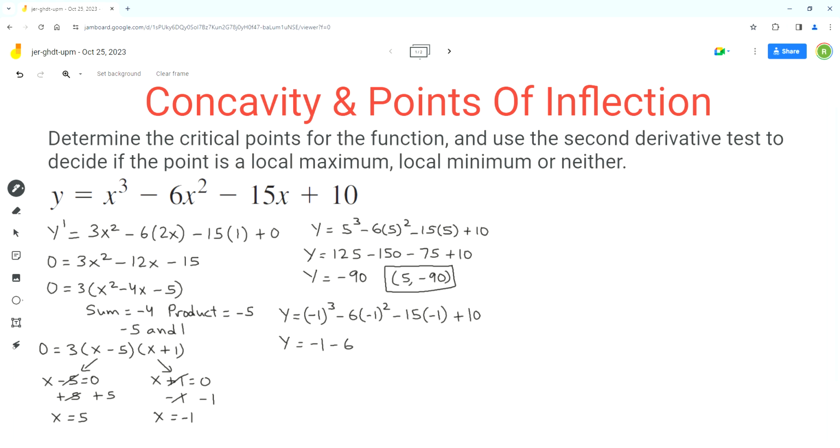Negative 15 times negative 1 is positive 15, plus 10. And now we can combine all of these numbers. So we get positive 18. So the second critical point is negative 1, 18. So we have answered the first part in which we have to determine the critical points for the function.